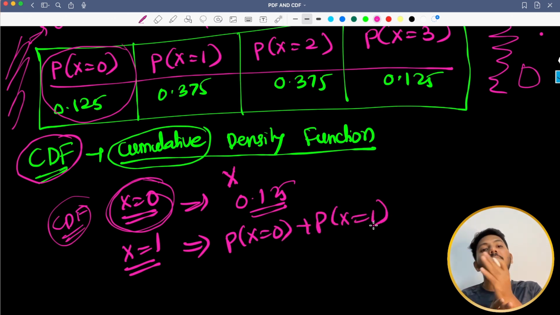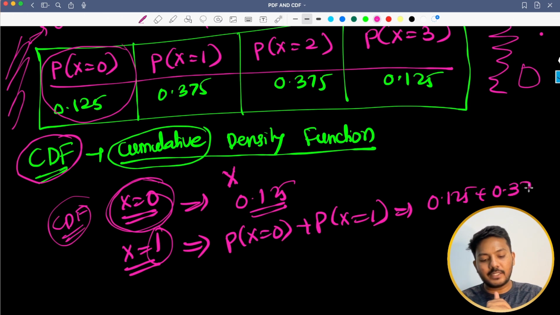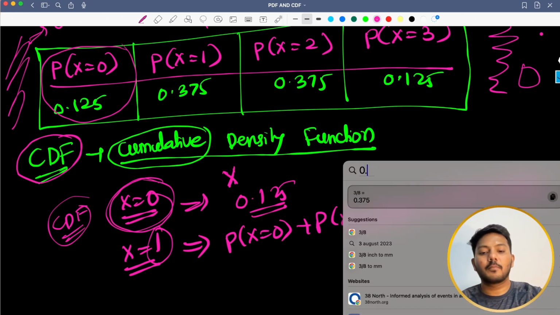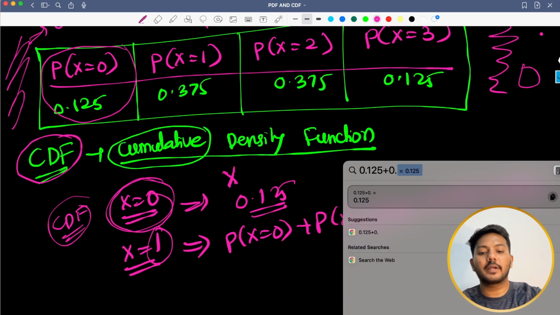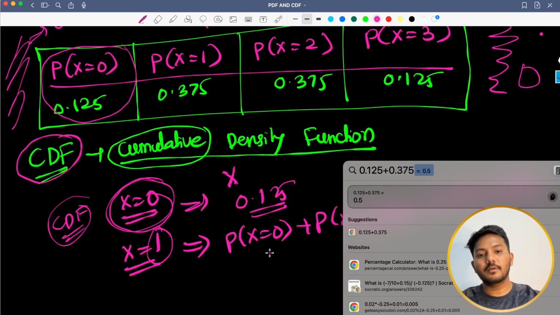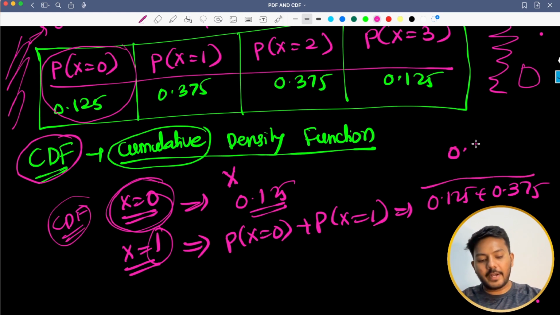So you are adding up all the points up until the current point. That is what we call cumulative. So this would be 0.125 plus 0.375, which is 0.5.